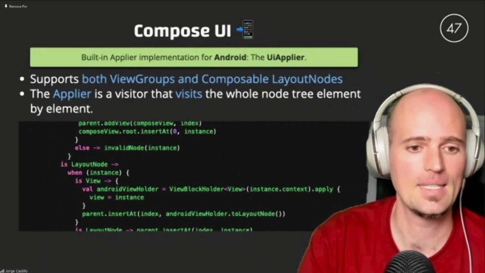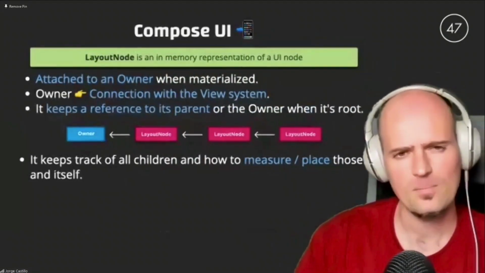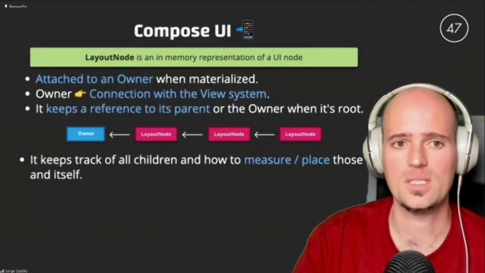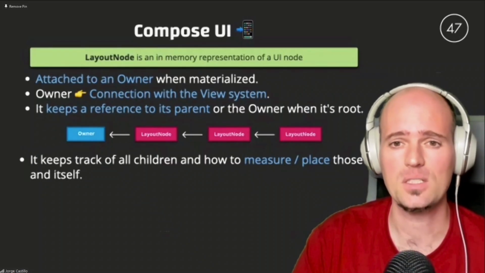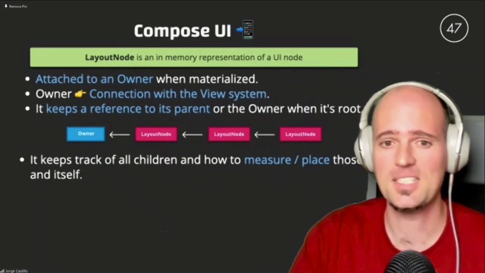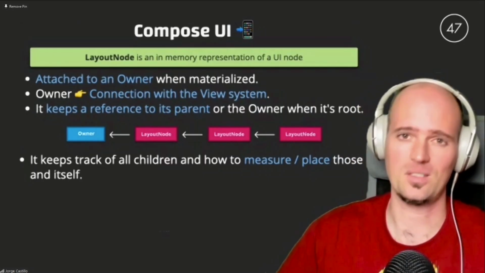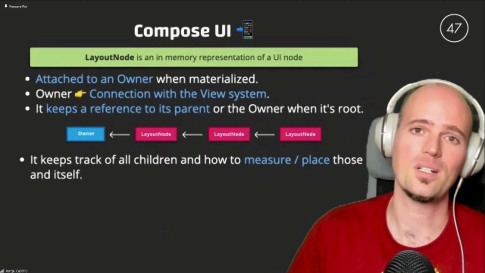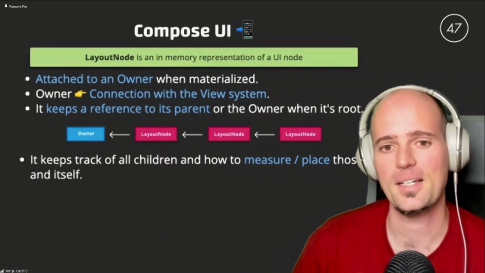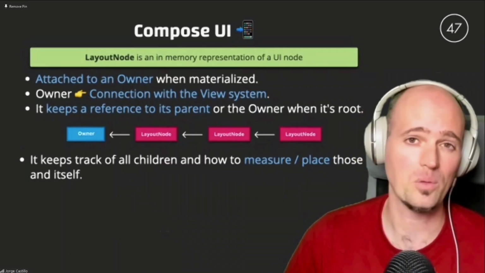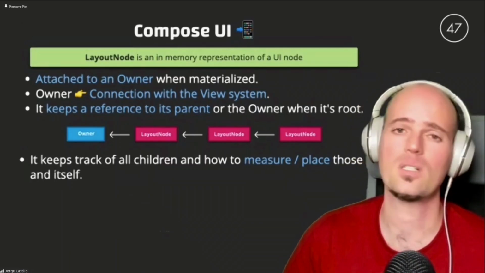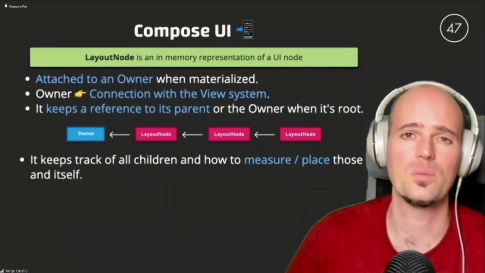So layout node works as an in-memory representation of a UI node. It's attached, it has a reference to its parent, and then the parent has a reference to its parent, and whenever you are at the root of the call stack, you have a reference to the owner, and the owner is the ultimate, underlying connection with the view system.